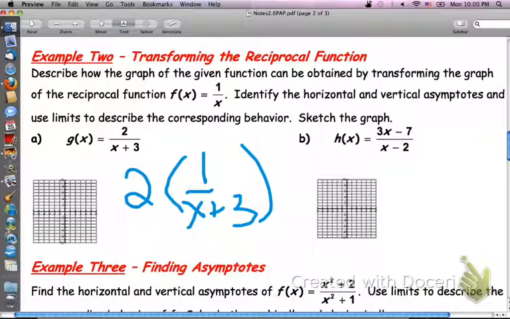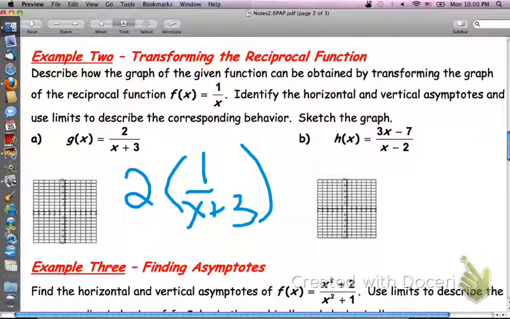And what happens when we multiply our entire function by 2? If you remember back to an earlier section, when we multiply the function times a value such as 2, we have a vertical stretch by a factor of 2. Then let's look and see how our function is shifted left or right or up or down.